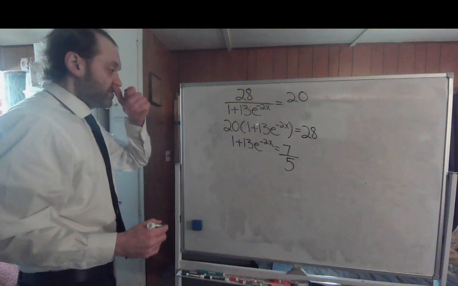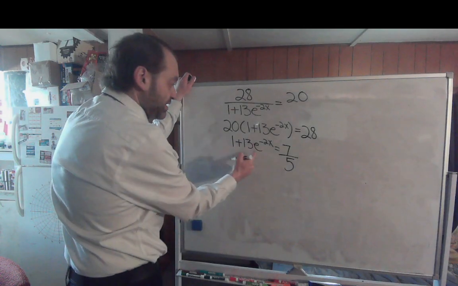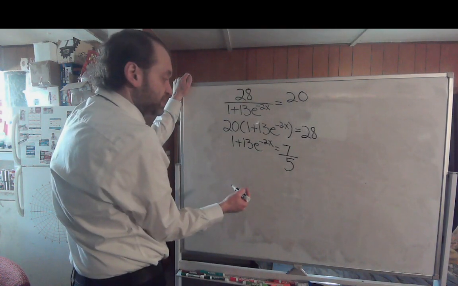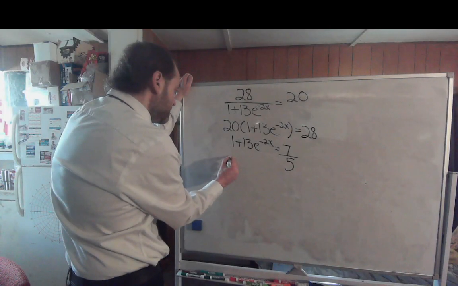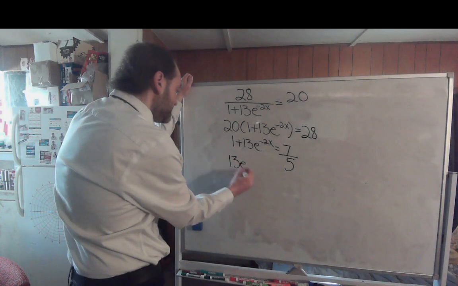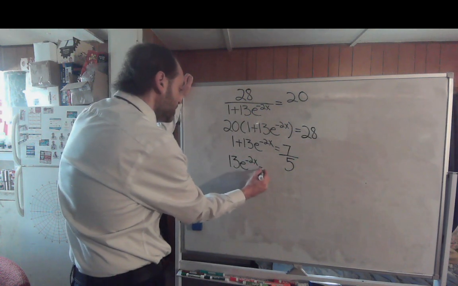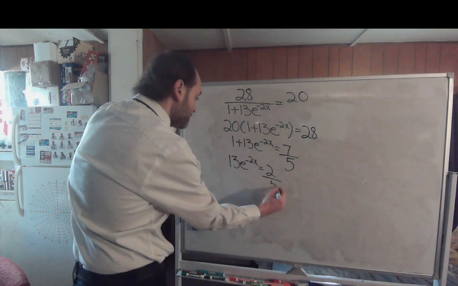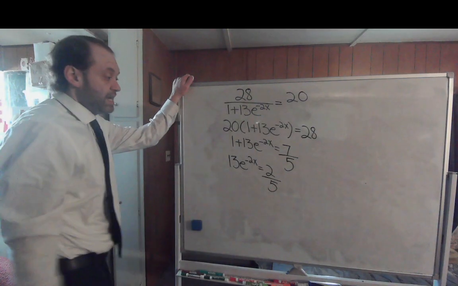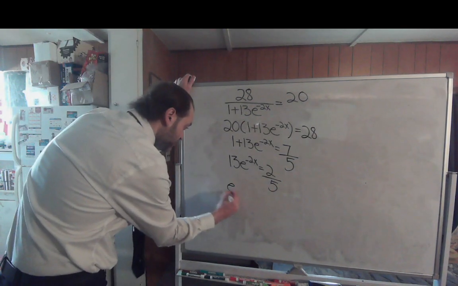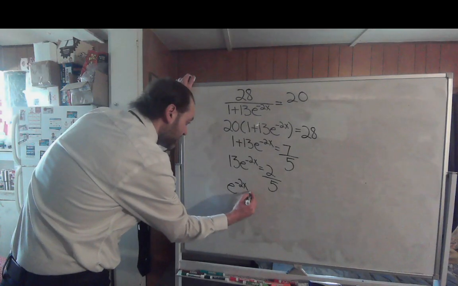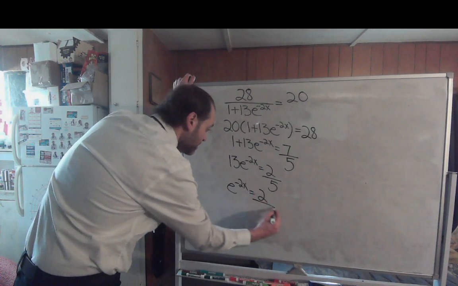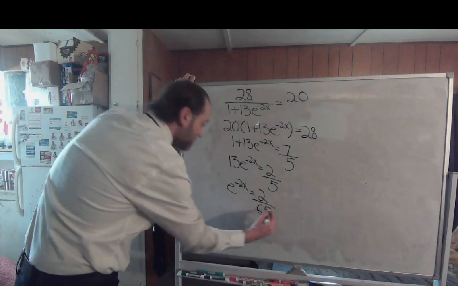Alright, so you'll have that. Now get that 13e to the negative 2x by itself. So 13e to the negative 2x would equal 2/5. Now divide both sides by 13, you'll get e to the negative 2x would equal 2 over 65.